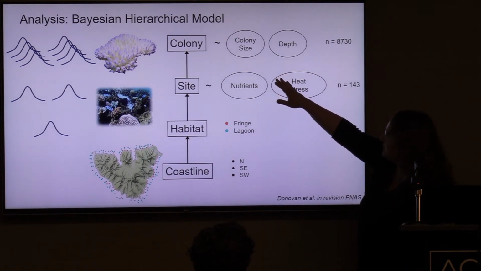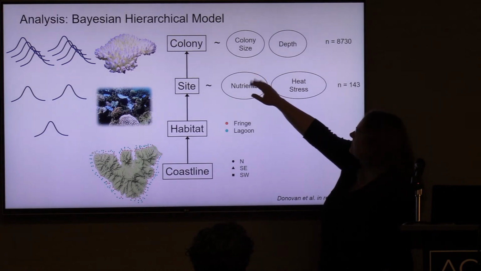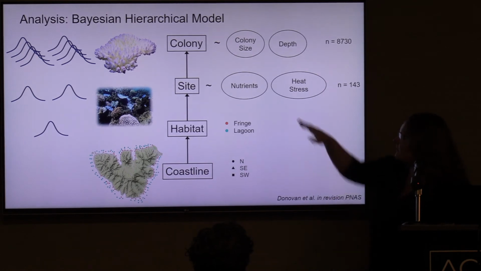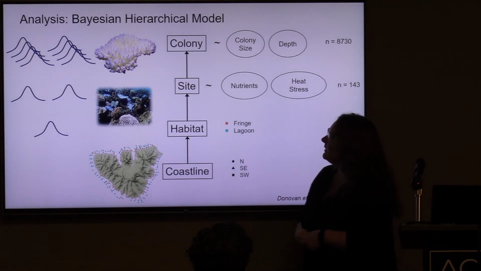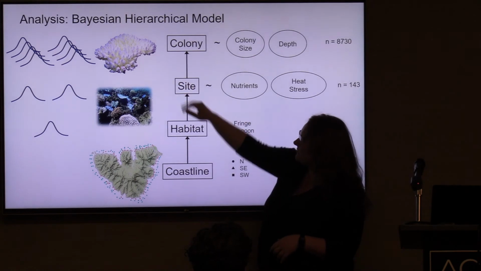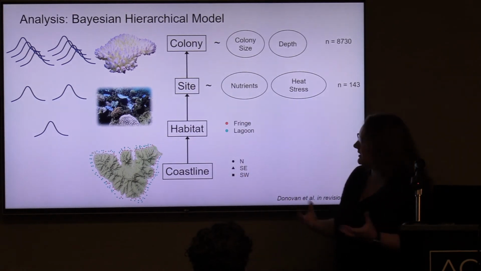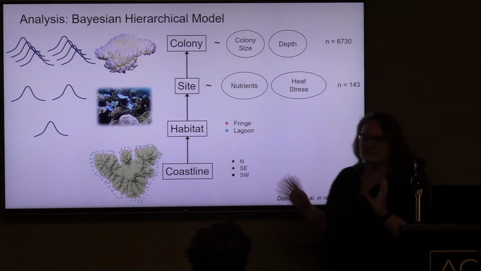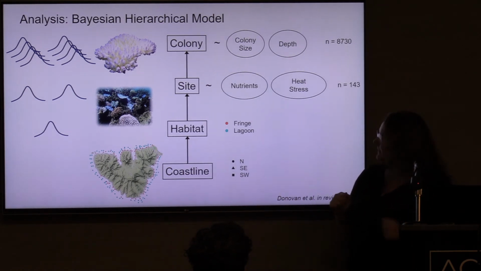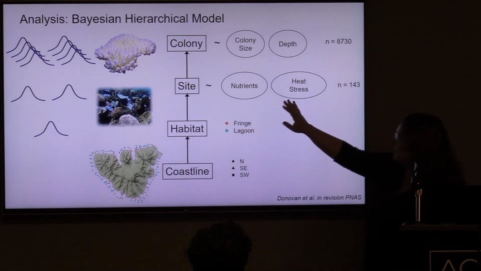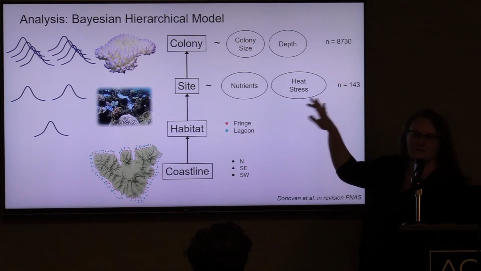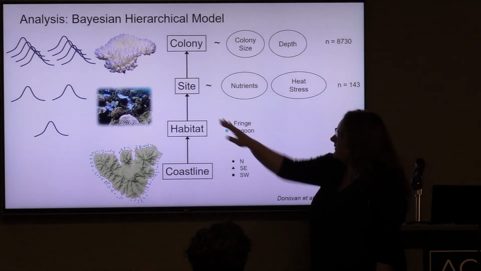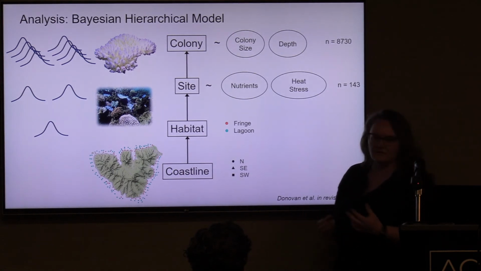And we incorporated predictors at that scale that we knew related to this process at that scale, so how deep the coral was in the water and how big it was. Then each of those individuals were nested within sites. There could be anywhere from a few to 1,000 individuals at a site, where a site is about 200 meters by 200 meters. And that is the scale at which we had nutrients and heat stress varying. So we were incorporating these predictors at the scale that we knew was related to the process.